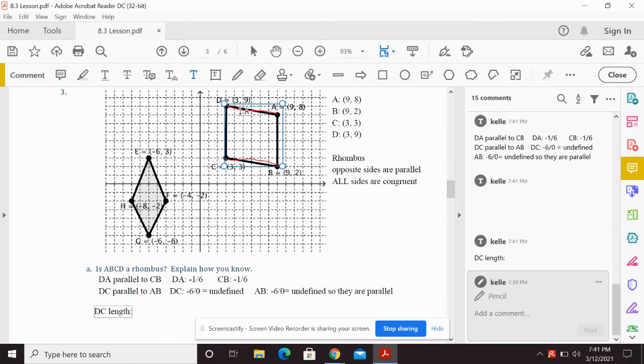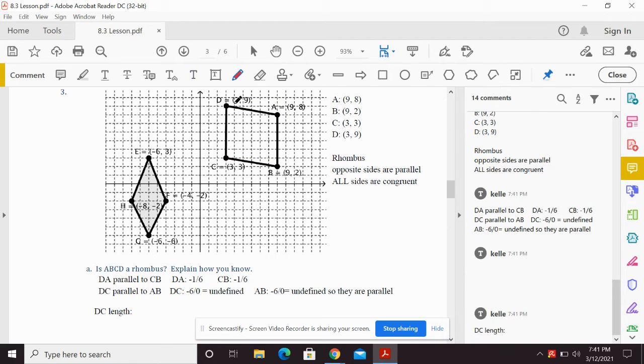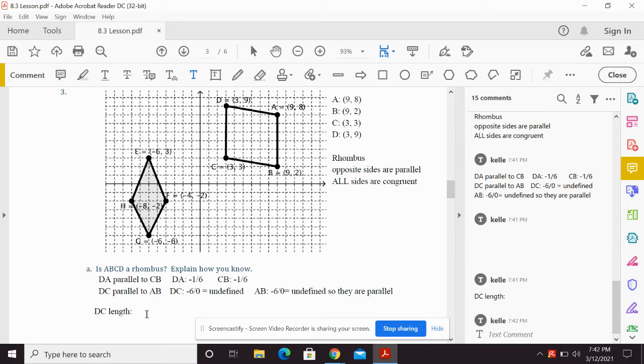Here, let me get rid of my lines. We're looking at DC. What is the length? Well, my x value doesn't change, so I'm just going from 9 to 3. You can even count it: 1, 2, 3, 4, 5, 6. Or you can go 9 minus 3 is 6. So my length of DC is 6.